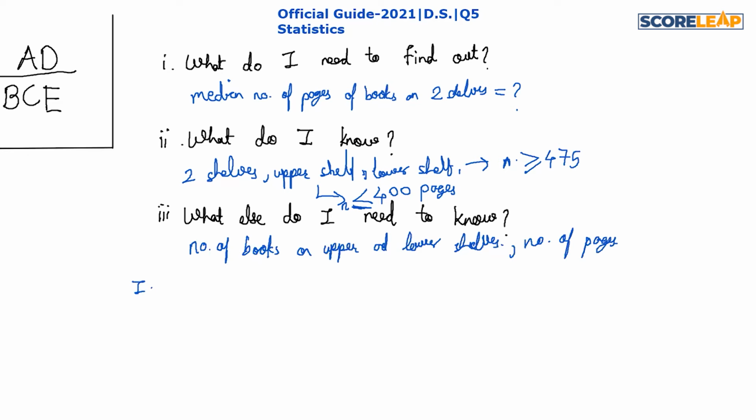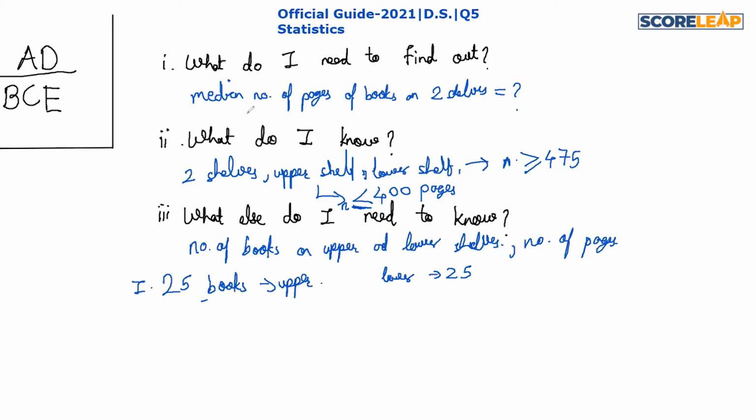Statement 1 says that there are 25 books on the upper shelf. This doesn't give any information about the number of books on the lower shelf. If the lower shelf has, let us say, 25 books again, then the median will be the average of the top of the upper one and the bottom of the lower one.